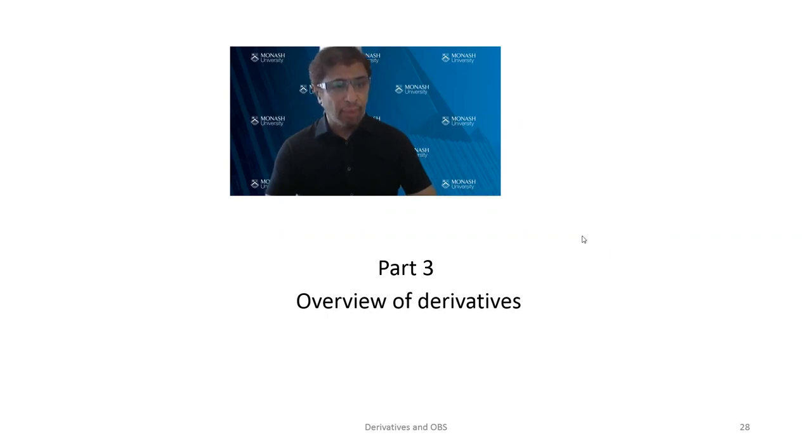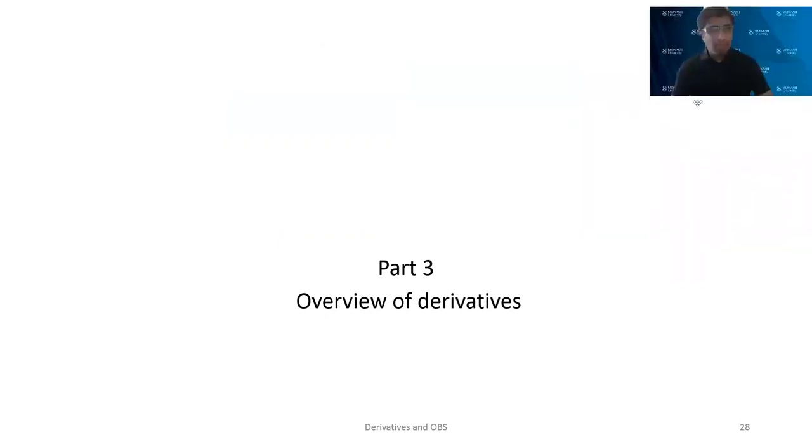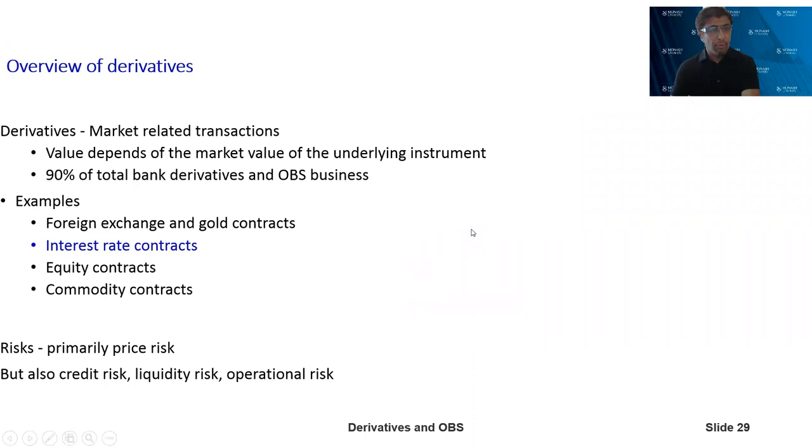Let me now go to the types of derivatives. Derivatives is a market-related transaction, as I mentioned, because OBS is not market-related.